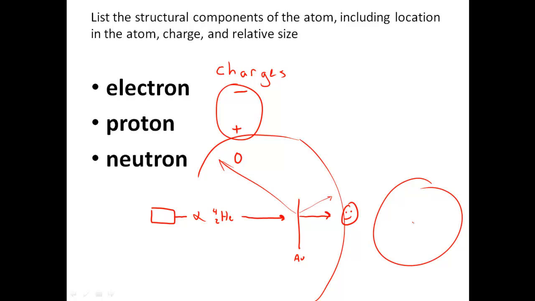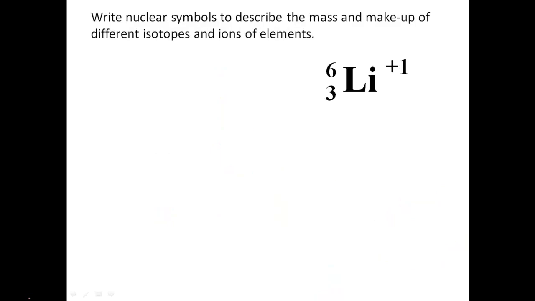So there are some of those kind of details you want to be sure you look at as you go through the chapter. But we are moving on. One of our objectives for this chapter is to be sure that you understand nuclear symbols like the one you see here on the screen.